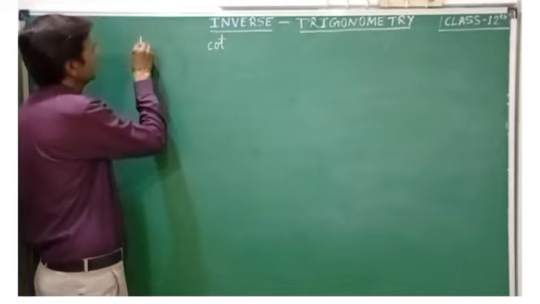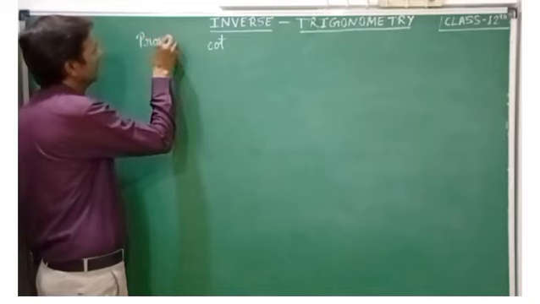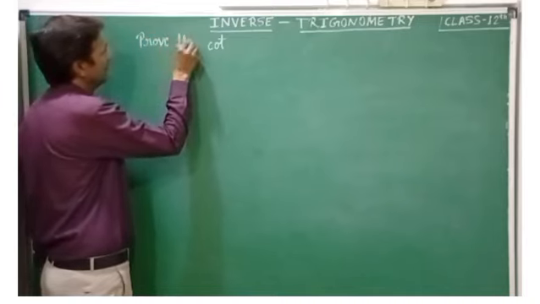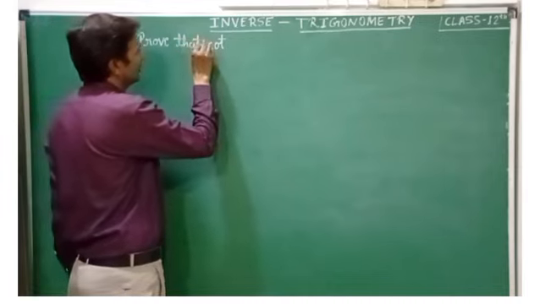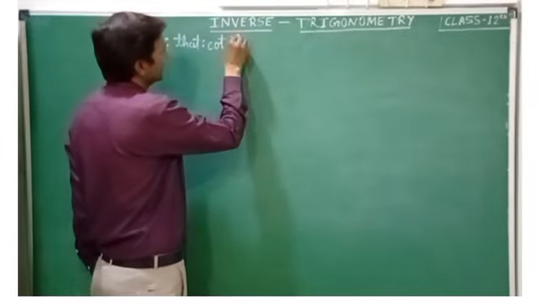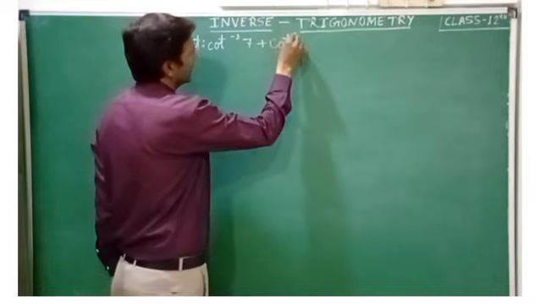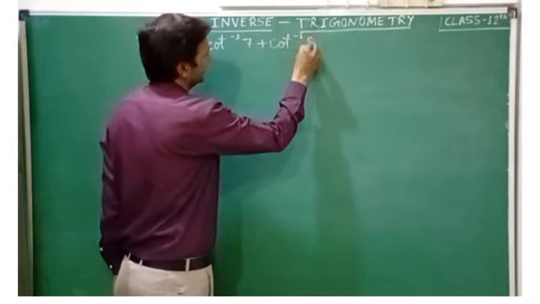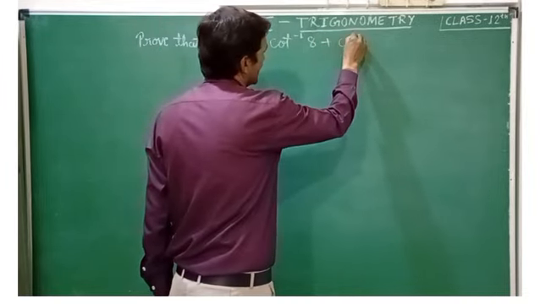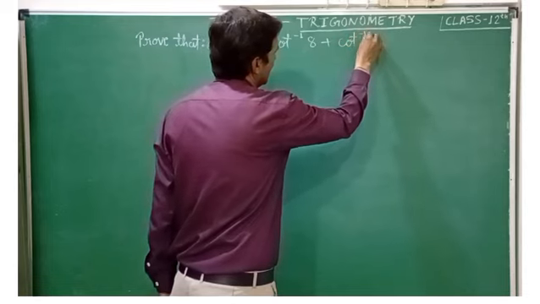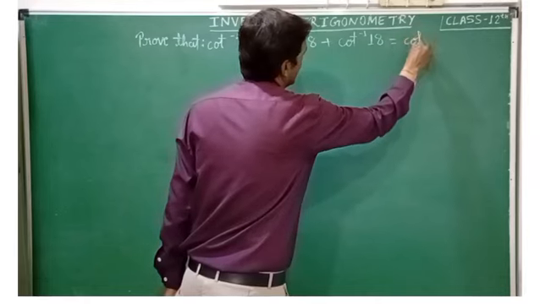Prove that cot inverse 7 plus cot inverse 8 plus cot inverse 18 is equal to cot inverse 3.